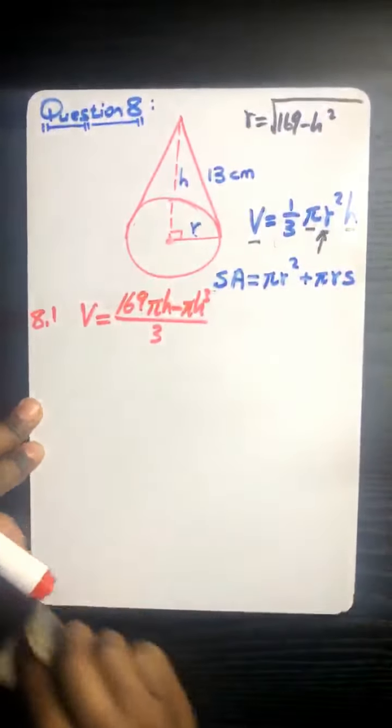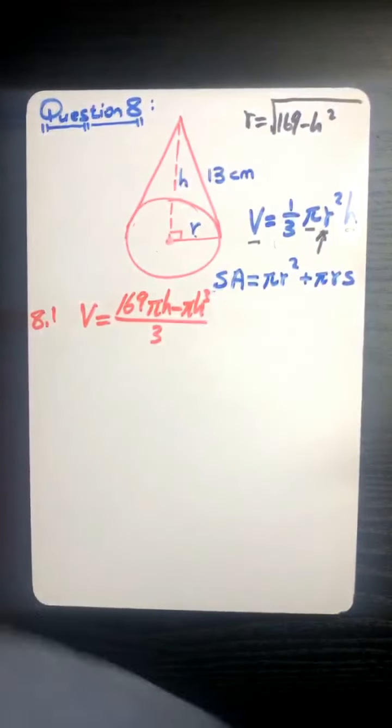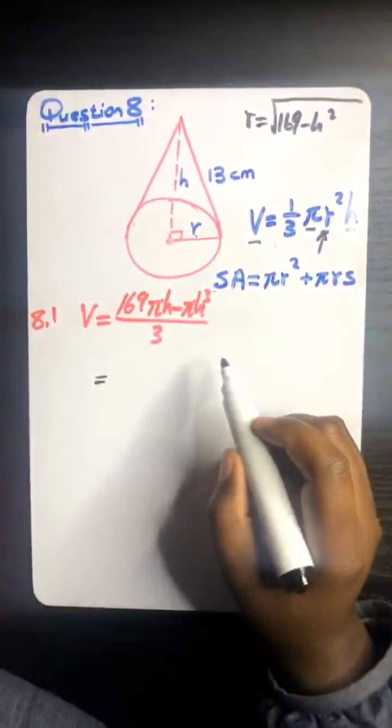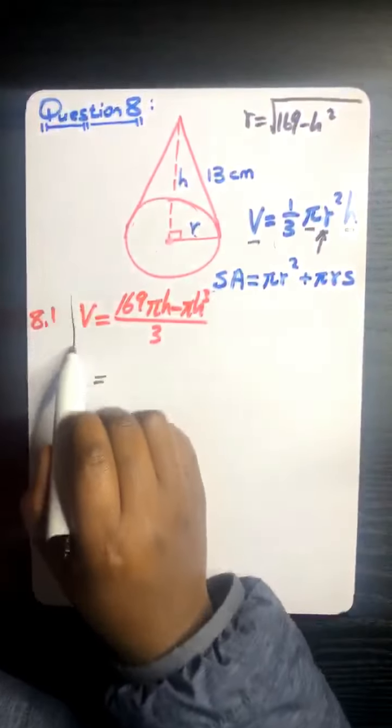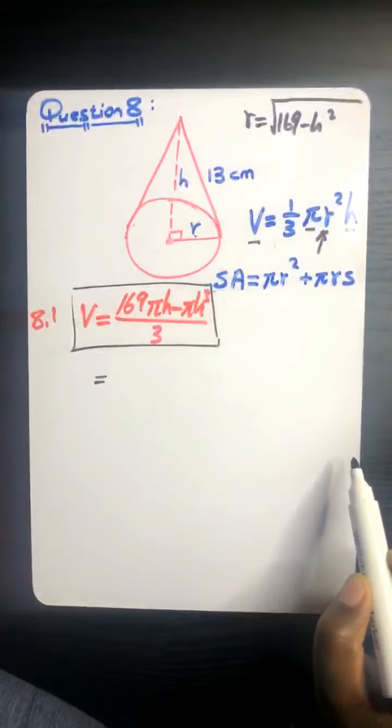Ladies and gentlemen, this part that I removed has some marks. How do you continue? Remember, you are trying to prove that your v equals all of that.